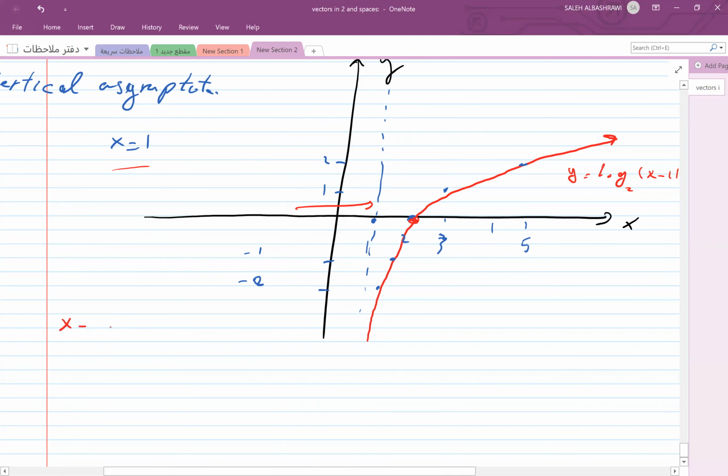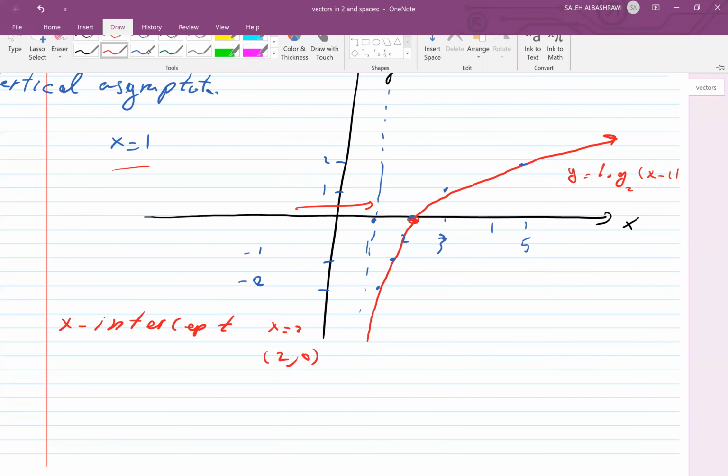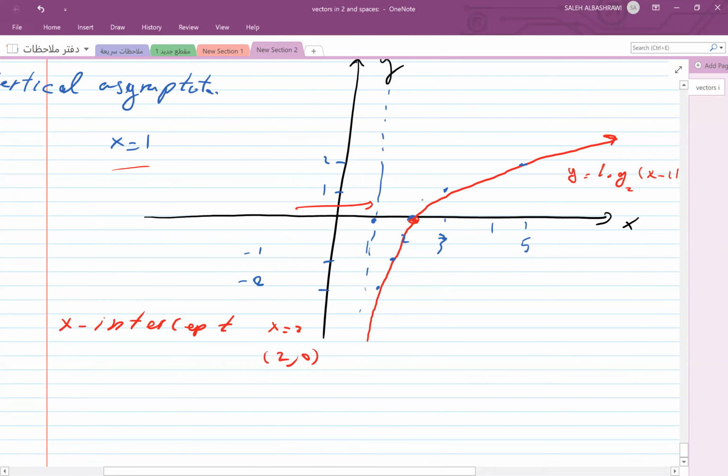The x-intercept is at x equal to 2, or I can say it is at the point 2 and 0. This is the x-intercept.